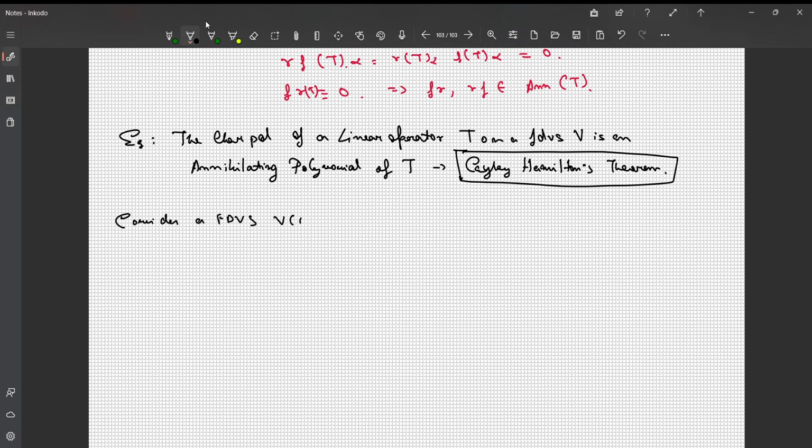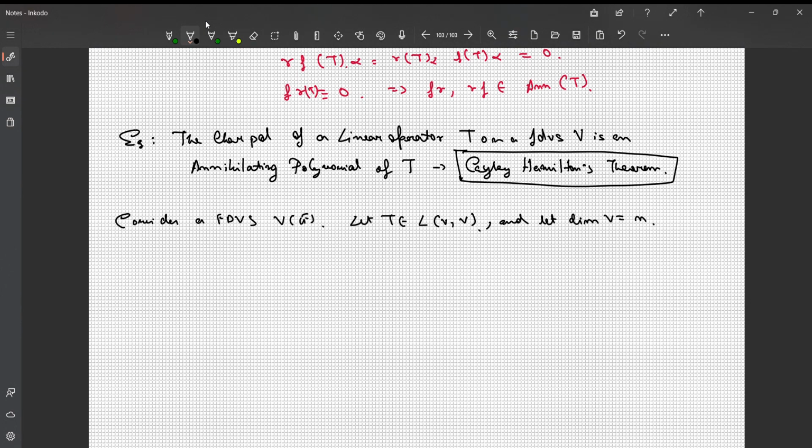a finite dimensional vector space V over a field F. Let T be a linear operator on this vector space V, and let the dimension of V be n.